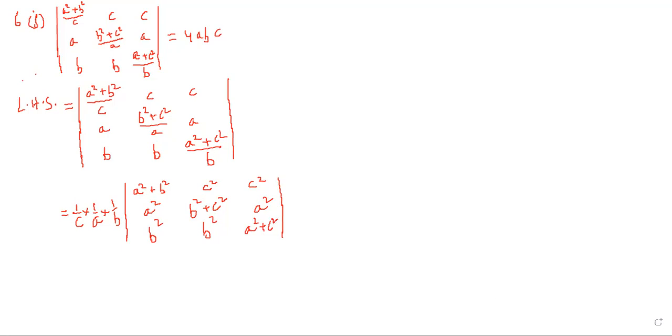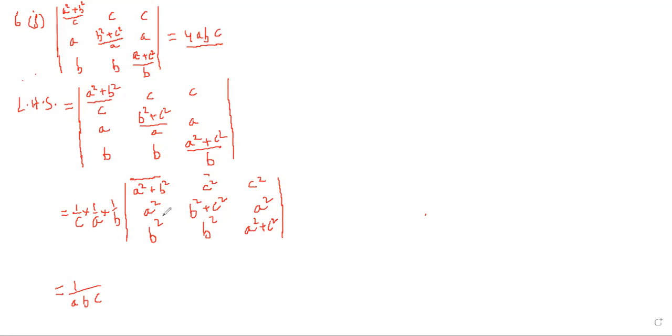Now, before further solving, two concepts come to our mind. First, we write it properly, 1 by abc. First, if we add the first column and the second column, it becomes a square plus b square plus c square, a symmetrical term. Though we do not have to use it on the right-hand side, we do not have to prove it there.